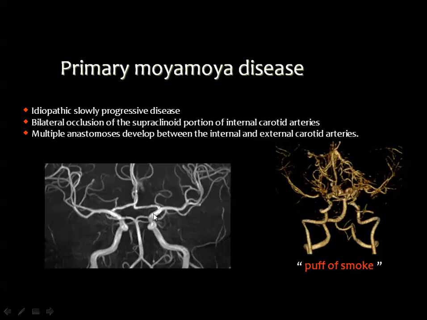And after passing through the cavernous sinus, then it will start to divide into the anterior cerebral and the middle cerebral artery. Then occlusion of this part of the artery will result in this appearance, and you cannot see the middle cerebral or the anterior cerebral arteries, and also you cannot see their branches.